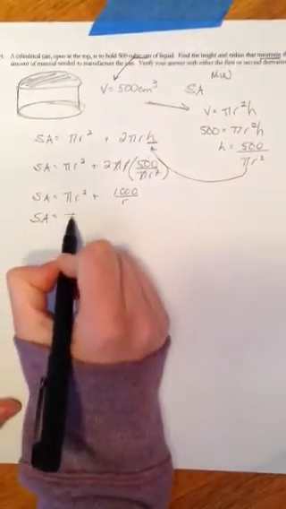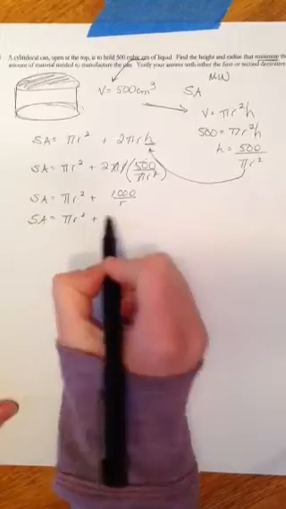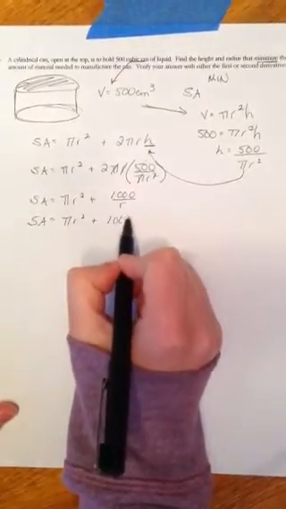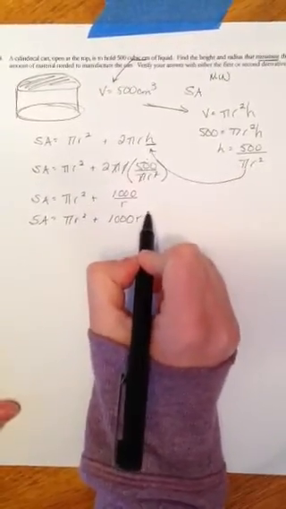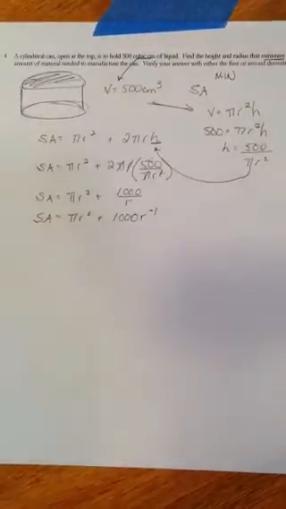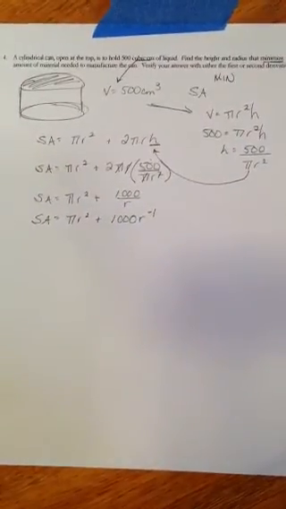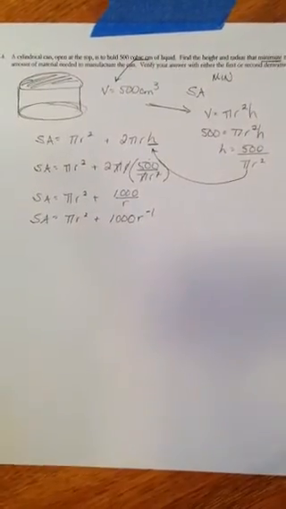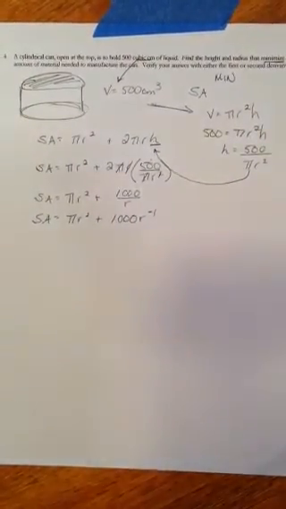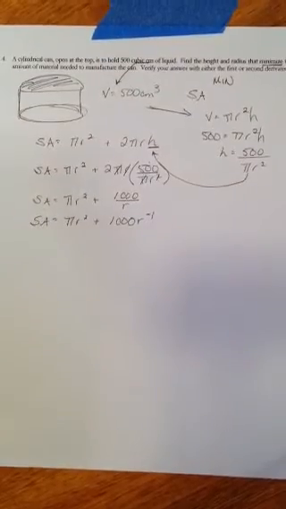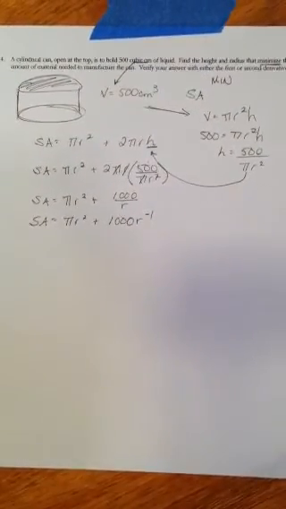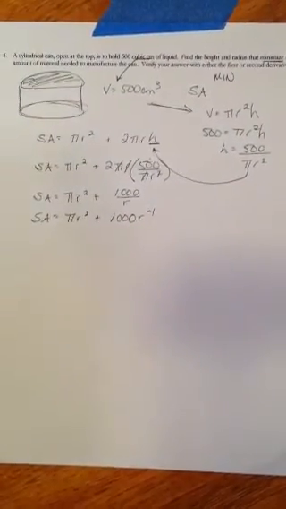Surface area, pi r squared plus 1,000 r to the negative 1. Awesome. Taking a derivative of this will be quite easy because it's straightforward power rule. What I want you to do, hit pause, see if you can find your derivative. See if you can set it equal to 0 and solve for the radius because that's what we're going after.